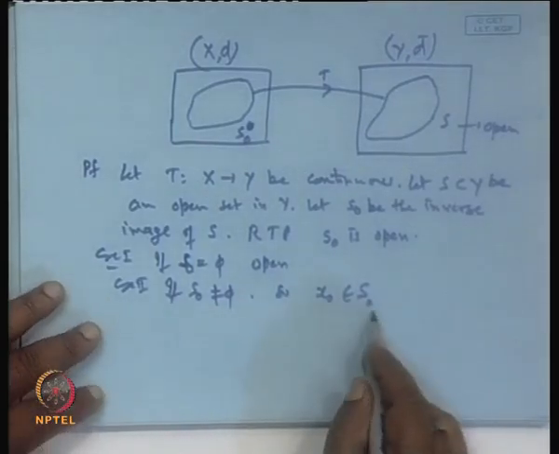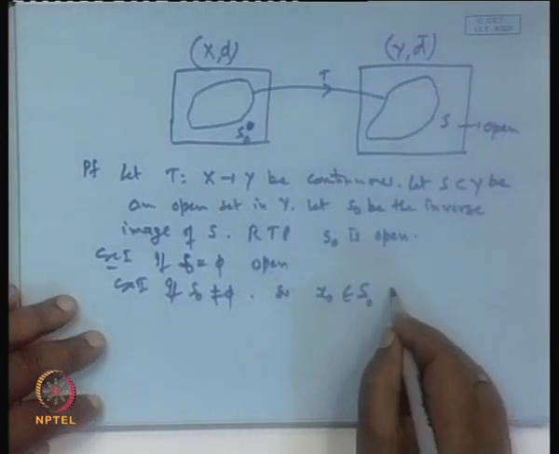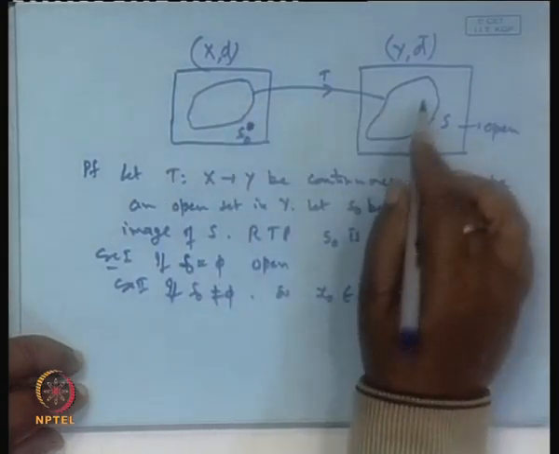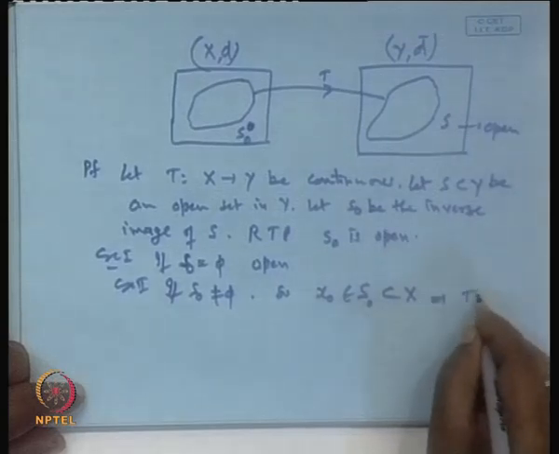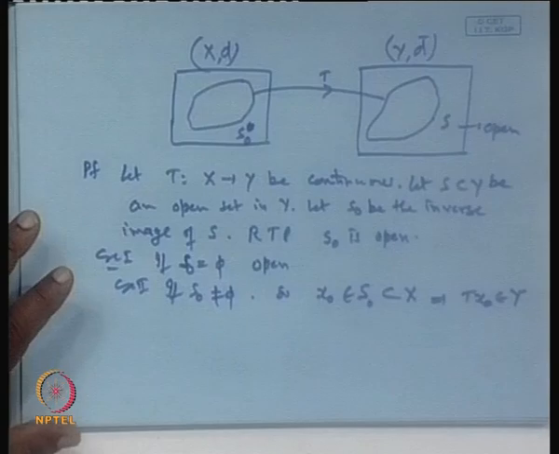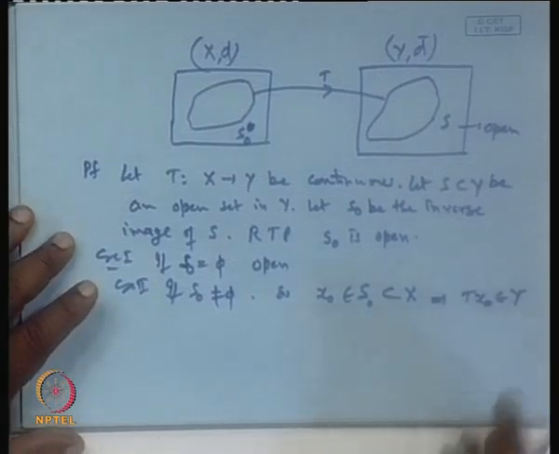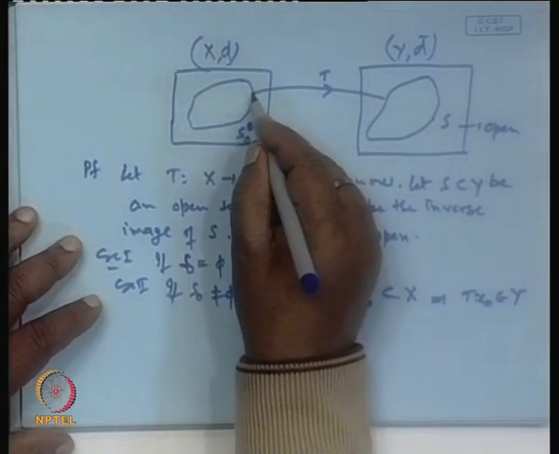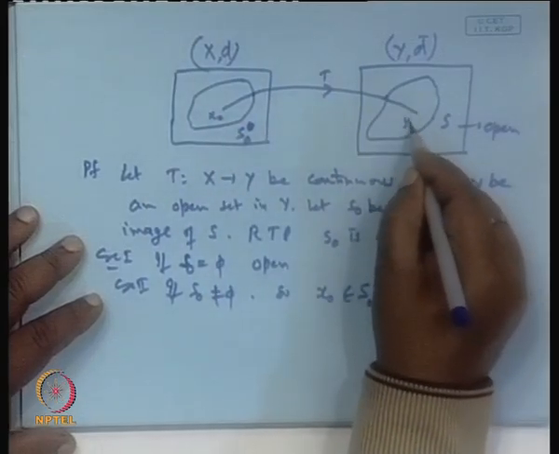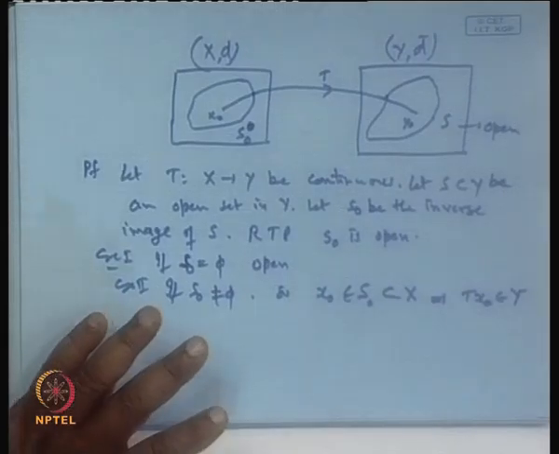Now, x naught is a point in S naught, which is a subset of X. T is a mapping from X to Y. So, this implies that T x naught must be a point of Y. Say this is the point x naught, and here is y naught, which is T x naught.